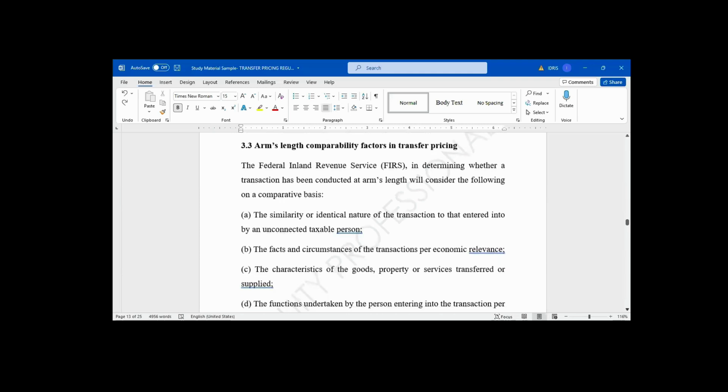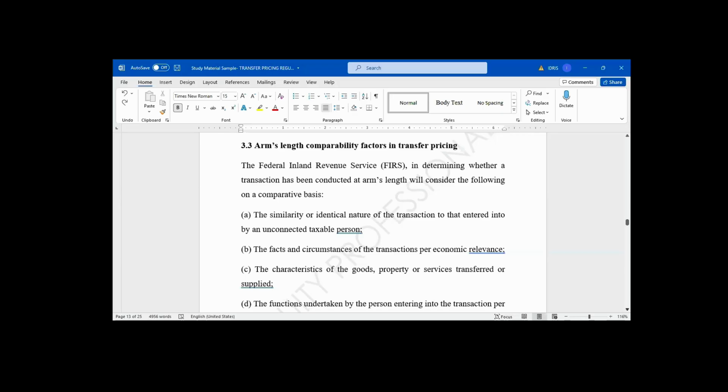Number one, the similar or identical nature of the transaction will determine whether it is at arm's length or not.